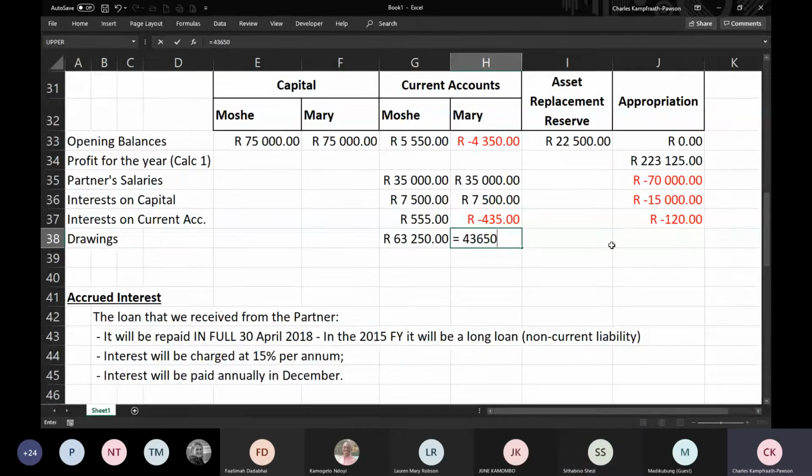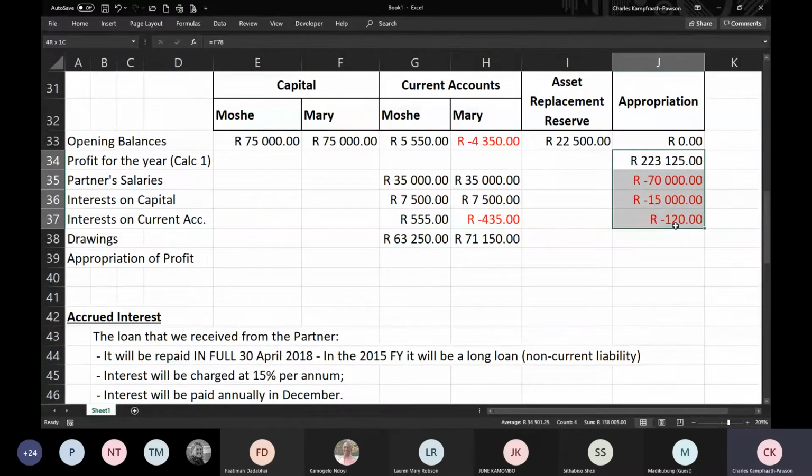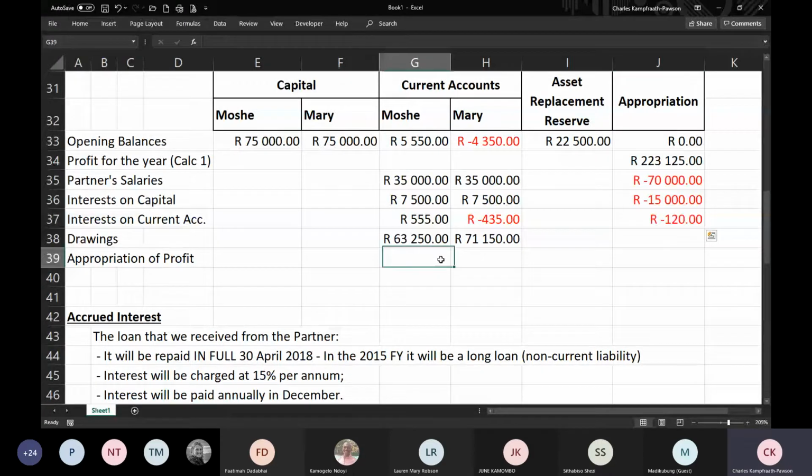650, 27,500. Now we're going to say profit, and that will be 50% of the sum of that column for each partner. So you add that entire column up and times it with 50%.